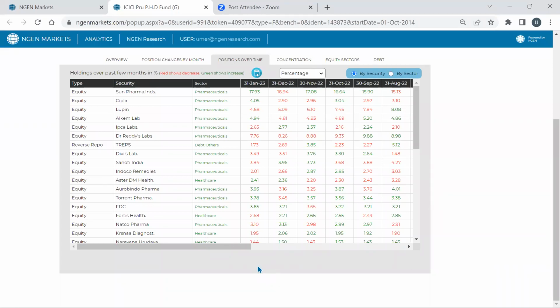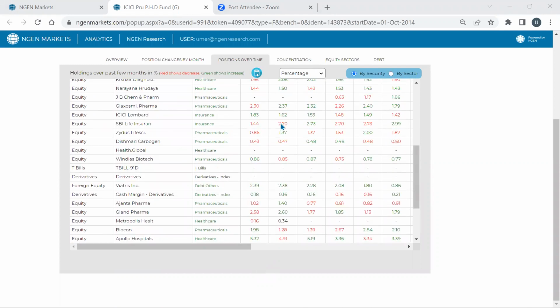Having said that, you can, for example, do a theoretical exercise where you take the individual stock weightages here and then multiply that with the performance to see if the fund's performance matches that number, but it does not. And there are many reasons for that.